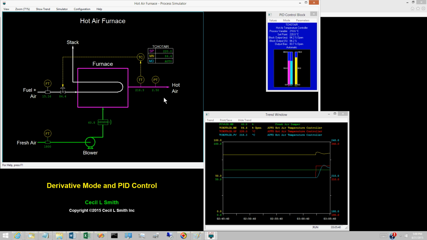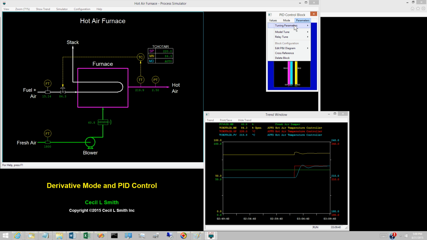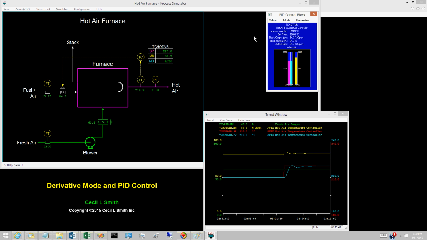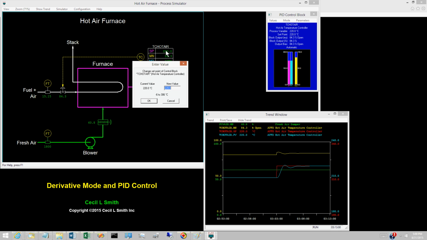When the PV attains the set point, change the derivative time to 0.2 minutes. Then return the set point to 210 degrees Celsius.